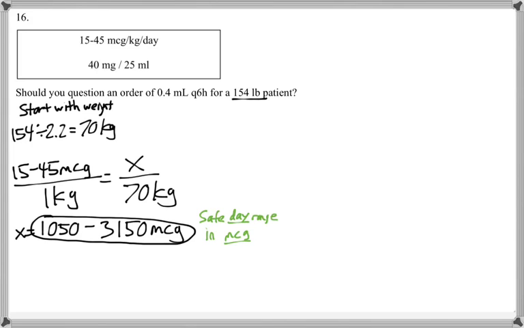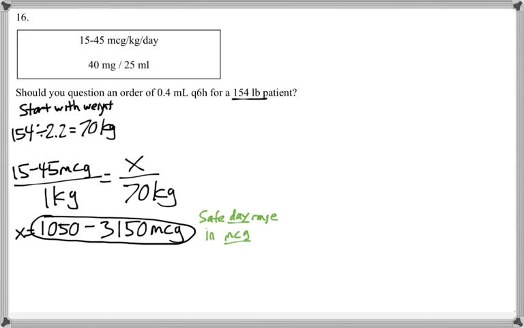Okay, so we're still not ready to compare the 0.4 mLs yet because our range is in micrograms, so it's in powdered form, and we need to convert it to liquid form. And then also our time frames don't match up because this is a day range and this is a dose order.